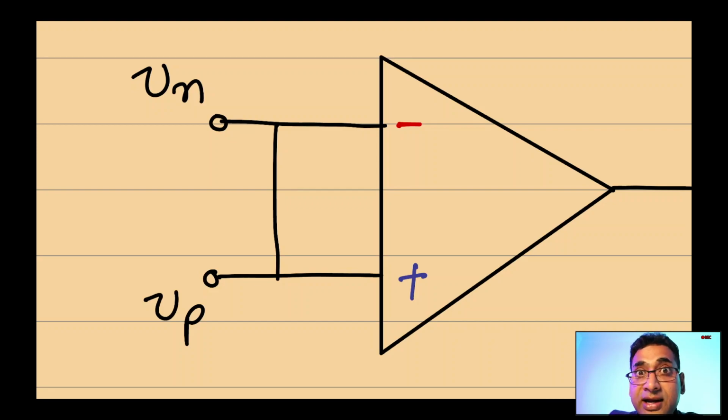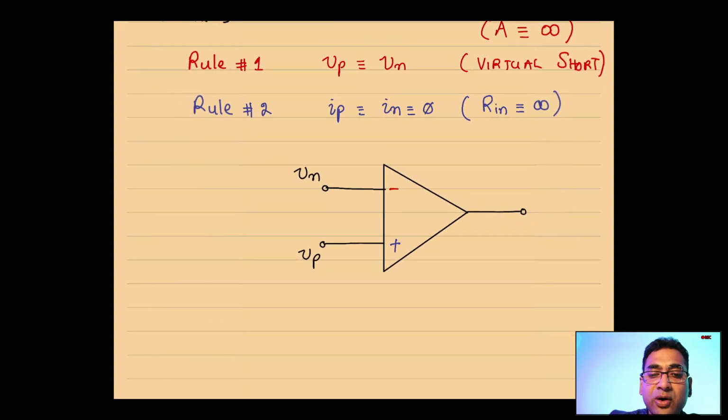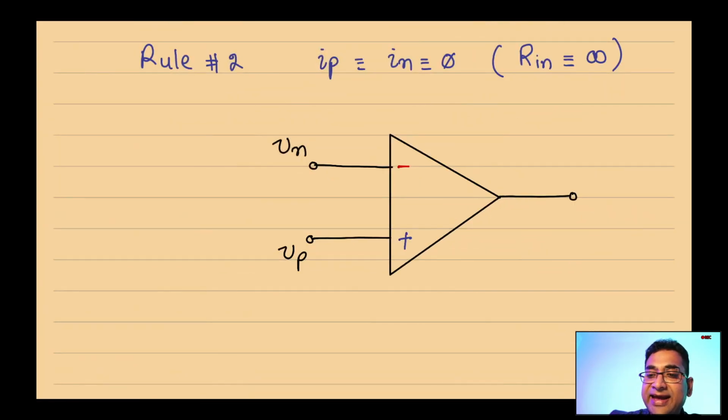They're not really shorted together, however they behave as if they are shorted, hence the name virtual short. That's rule number 1: Vp is the same as Vn in linear region of operation.